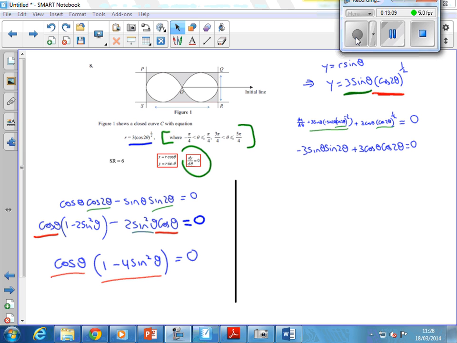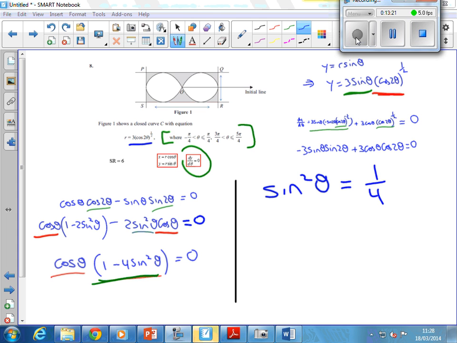So rearranging and solving this, we have sine squared theta is equal to a quarter, which means that sine theta is equal to plus or minus a half. Of course, without loss of generality, we simply need to consider the positive case because we're rotating in the first quadrant, and that means that theta is equal to the inverse sine of a half, which is pi by 6.